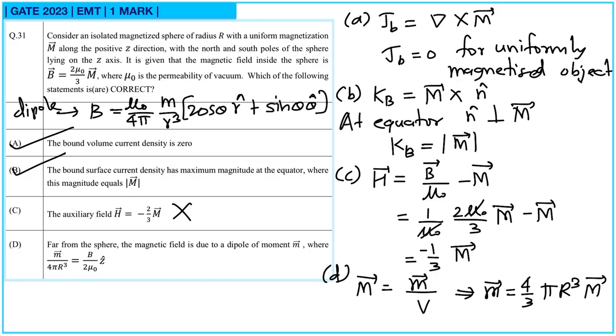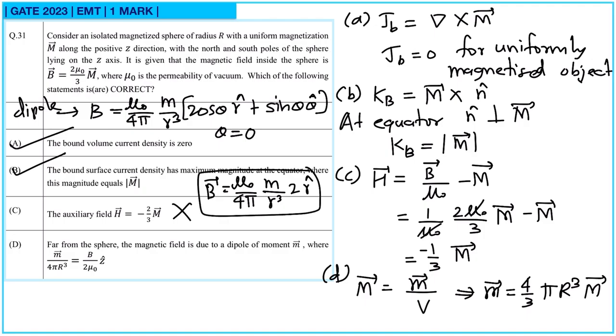This is the formula. Now we are considering a large distance, along the z axis, and there theta will be simply 0. So if you put theta equal to 0, then B is equal to mu naught upon 4 pi into m by r cube, and with theta 0, this will be 2 into r cube.